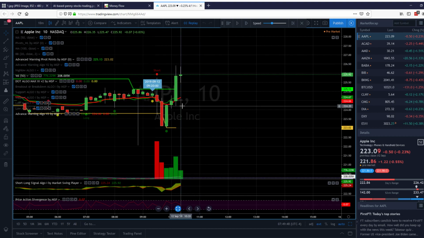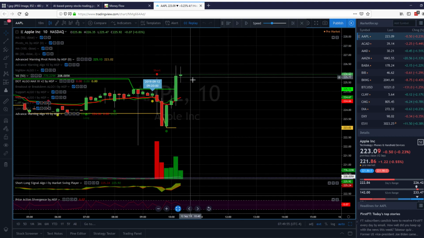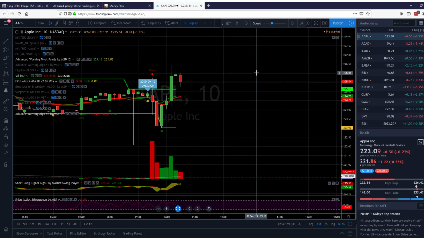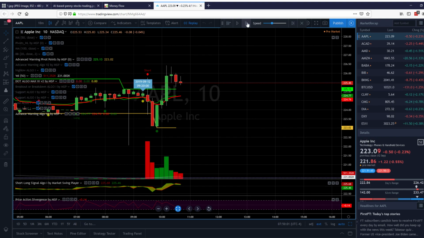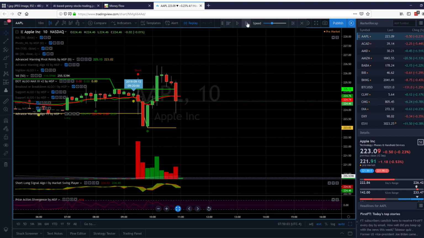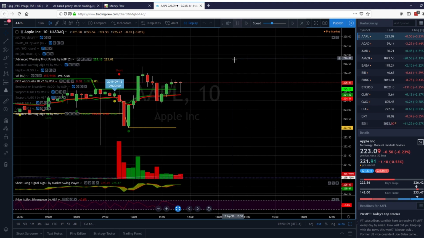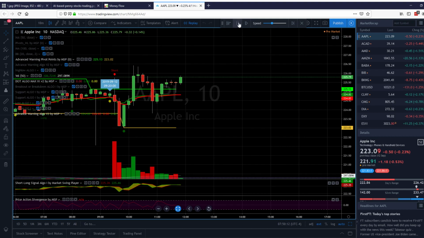So by 10:20 or 10:10, we know we could get out of that trade, or we could wait for a pivot if we prefer, and we'll know we're near resistance. So that's pretty much how Apple played out.